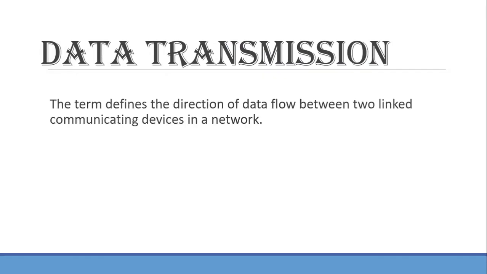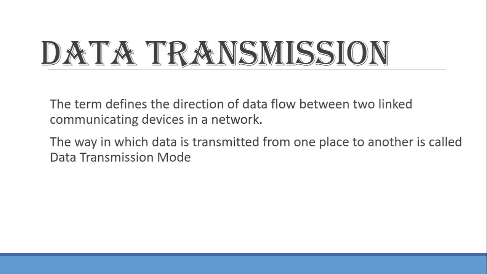Before going into the modes, we must understand what data transmission is. The term defines the direction of data flow between two linked communicating devices in a network. First, the devices have to communicate with each other. They are linked in a network, and transmission means the flow of data, in which direction the data will flow.